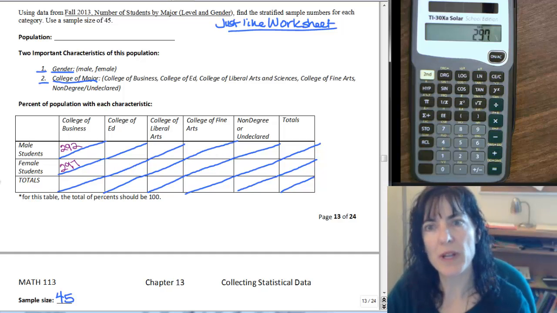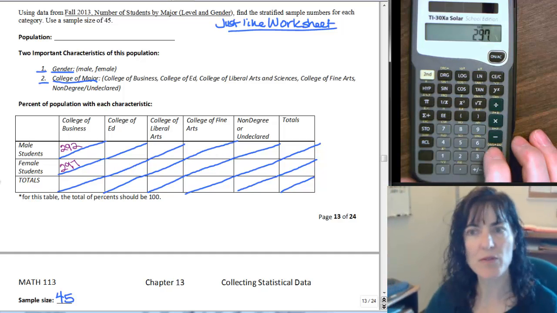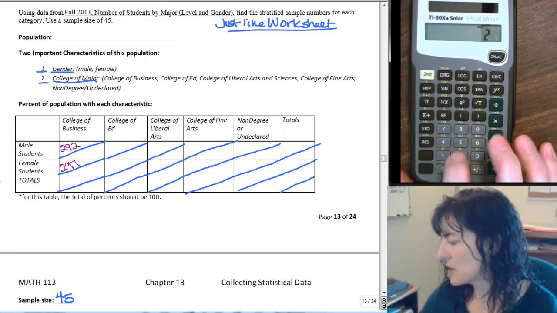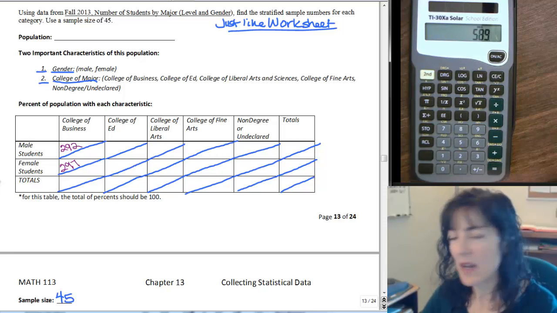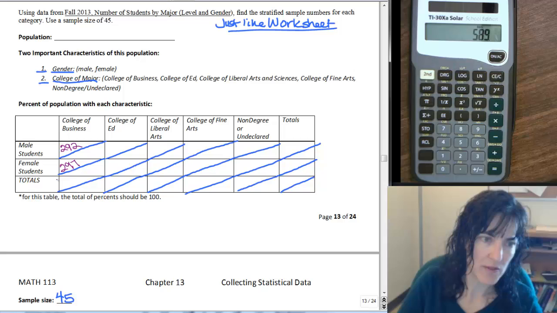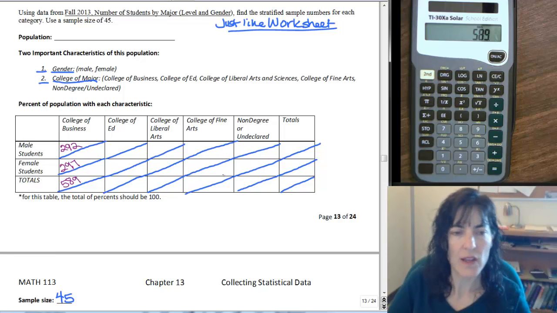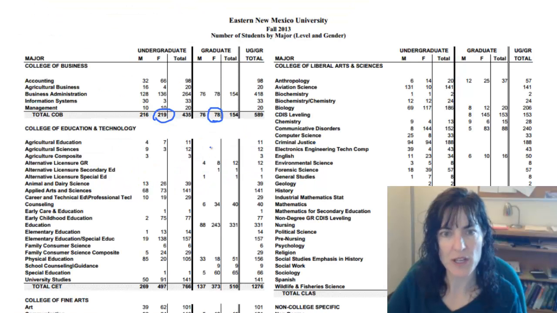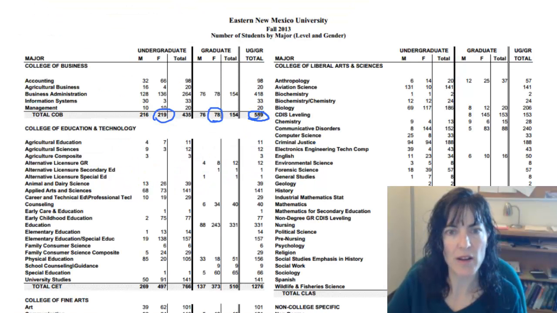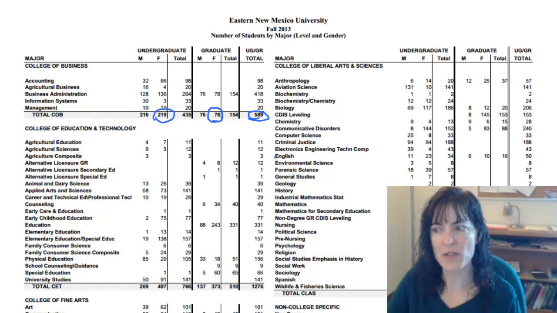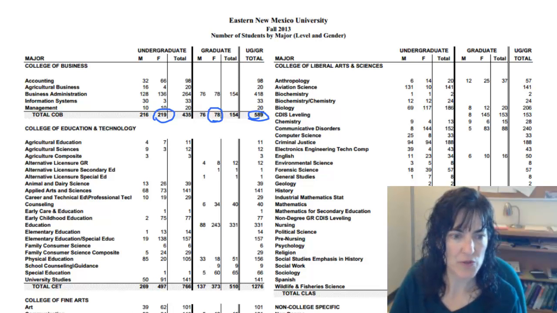And then I'm going to go ahead and add those two and just check myself. 297 plus 292, and I get 589. And I'll come back to this sheet and double check. I do have 589 students, so that's really helpful.